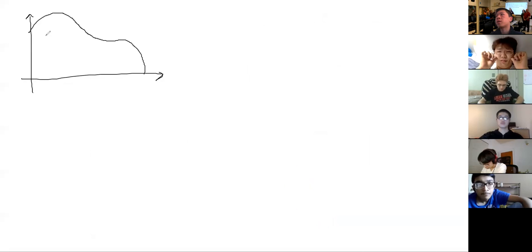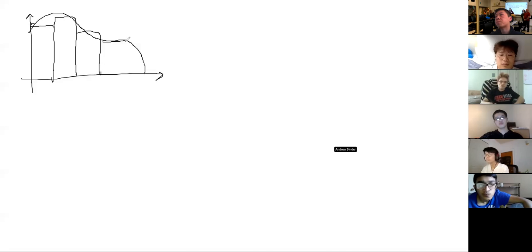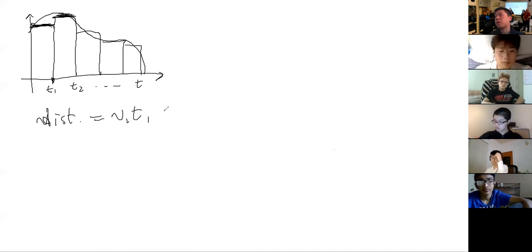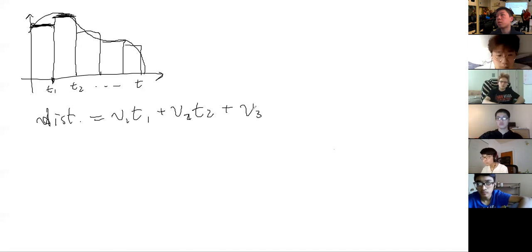What's really going on here is we make our rectangles. Let's split them up into very small intervals: t1, t2, all the way up to t of n. The distance traveled is equal to v1, which is pretty much flat, times t1, plus v2 times t2 minus t1.